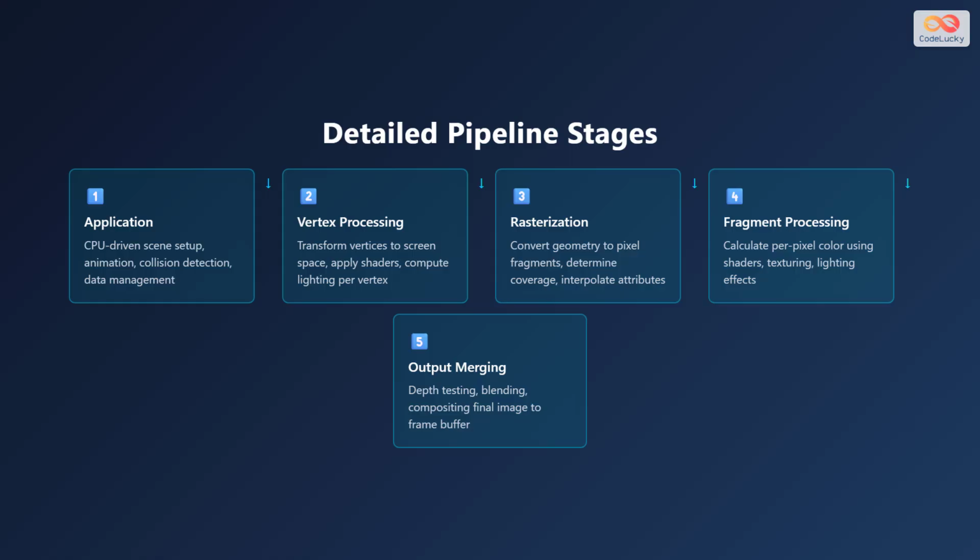Stage 3 is rasterization, which converts geometry to pixel fragments and determines pixel coverage. Stage 4 is fragment processing, where per pixel color is calculated using fragment shaders, texturing, and lighting effects. Finally, Stage 5 is output merging, where depth testing ensures closer objects appear in front, blending combines colors, and the final image is written to the frame buffer for display.